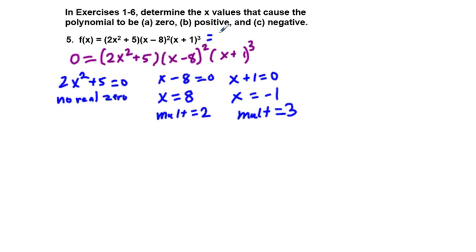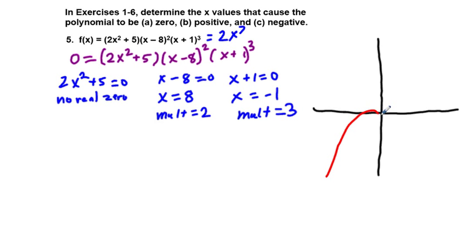So our leading term is going to be 2x to the 7th power, which is going to be odd, meaning that our function is going to start low and end high. So this thing's going to start low and end high. That's just a general shape. It's an odd positive.